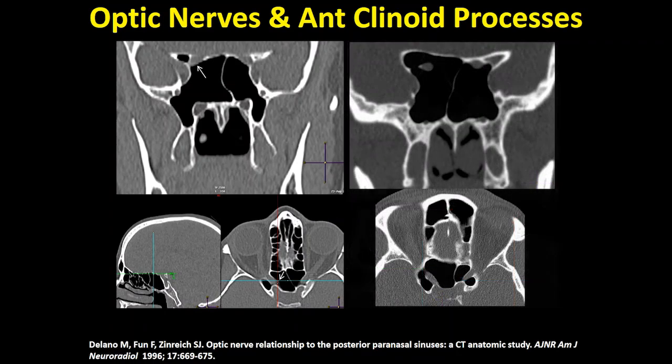Sometimes it can be so significant that you can have literally what appears to be a floating optic nerve, though it has a bony covering, not very well seen here, but you can very well imagine that if the surgeon is going in for a transsphenoidal procedure, such as a pituitary procedure, what problems he could have if there is this particular anatomic variation, and therefore this variant always needs to be looked for whenever you evaluate such cases.